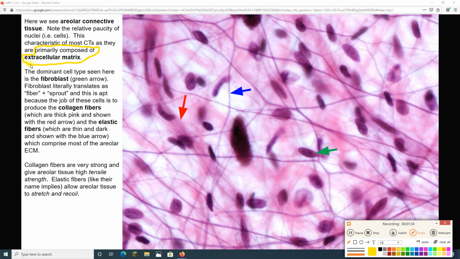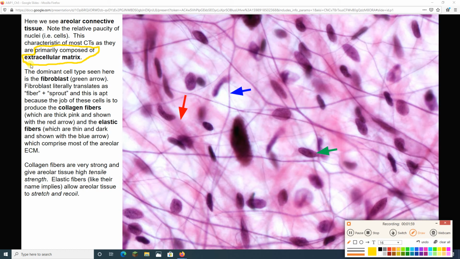So connective tissues are made of extracellular matrix. That's their most abundant component. It's one of the things that defines them. Another thing that defines connective tissues is they have a common embryonic origin. So the connective tissues all come from the same beginnings in the early human.